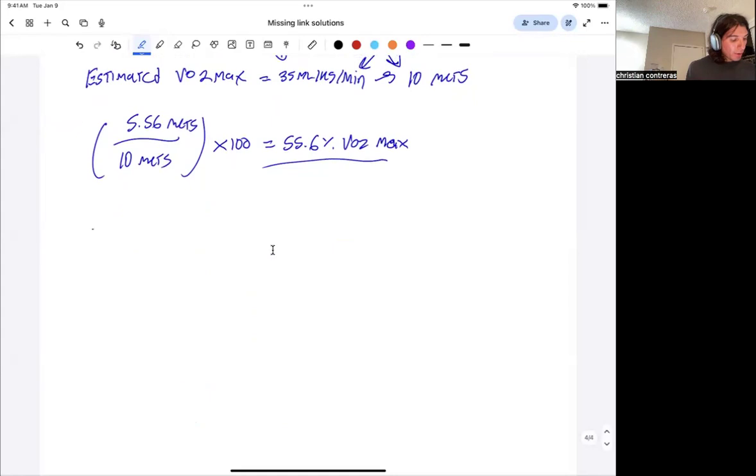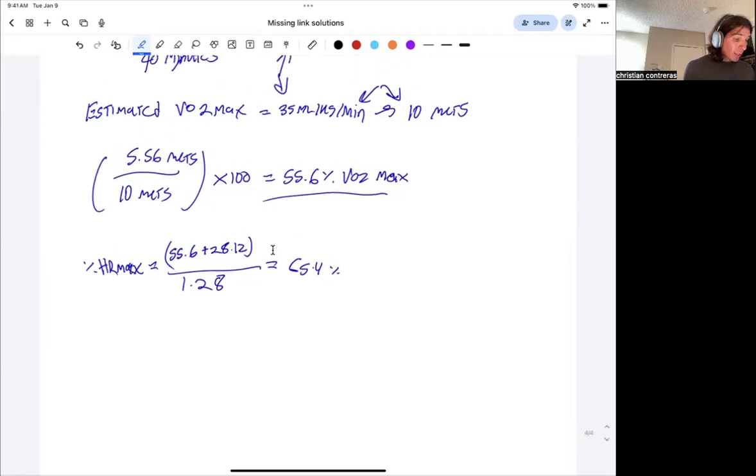And we know that percent heart rate max is equal to percent VO2, in this case 55.6, plus 28, divided by 1.28, which is going to give us about 65.4% heart rate max.